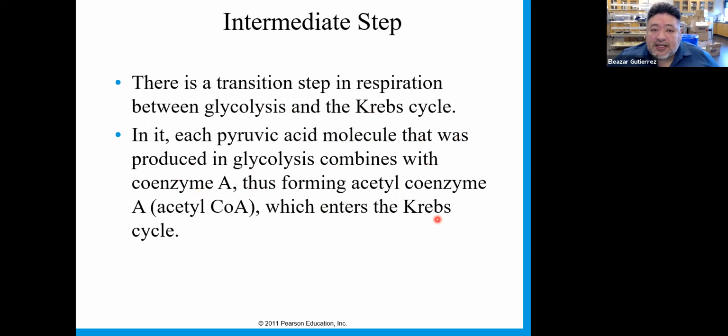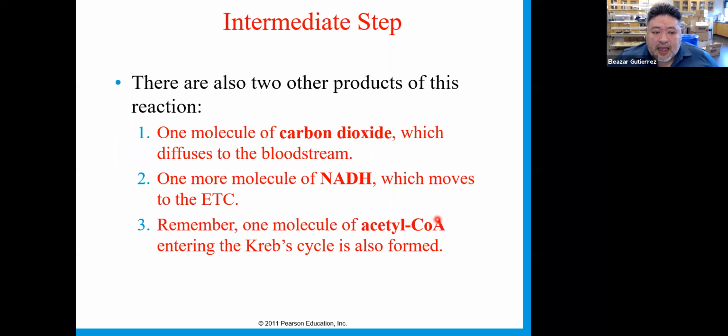Now, this intermediate step is important, okay? So, first of all, what's going to happen is you start out with the product of glycolysis, which is pyruvic acid, okay? And that pyruvic acid enters the intermediate step, and there's a geographical change, okay?